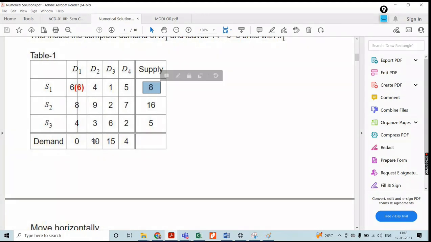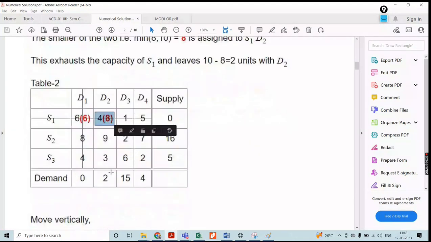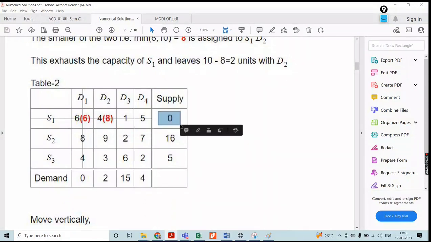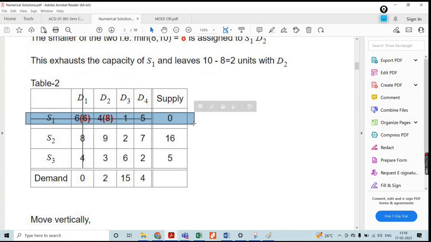Then this is 10. What is the cost? 4 rupees. For this 4, I am going to allocate 8 quantities. Remaining is how much? 2. Then this will become 0. Once it becomes 0, you delete that, which is not required for further consideration.